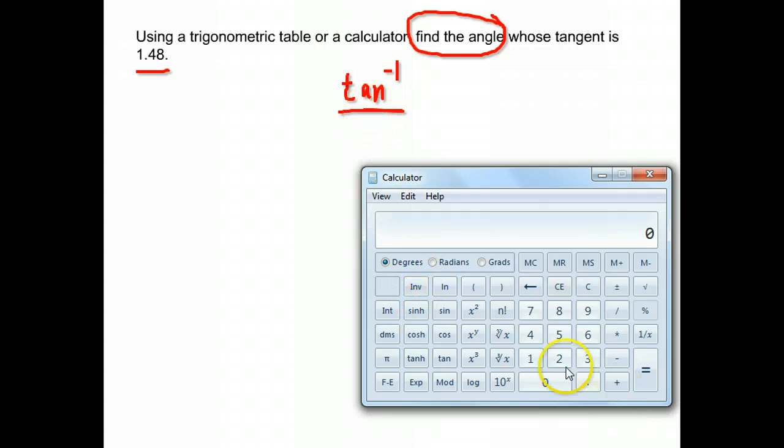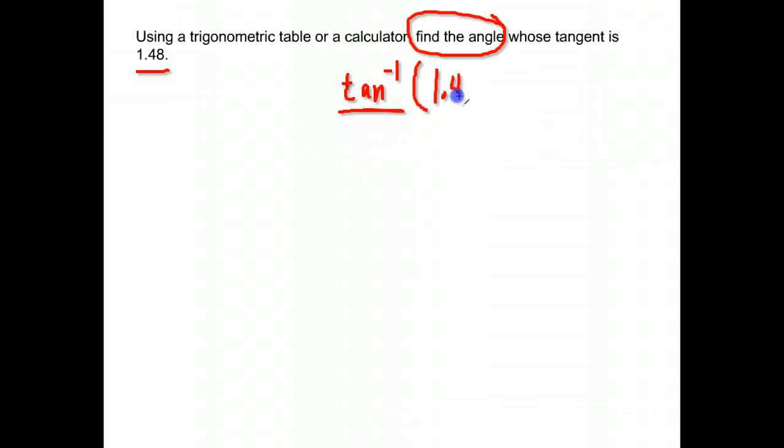You put in your value, 1.48, and then you push inverse. See how the buttons changed? Now my tangent has a little -1. So you push inverse and then push the tangent -1. And now I have my answer, 55.954.